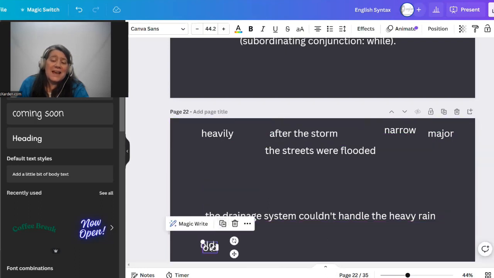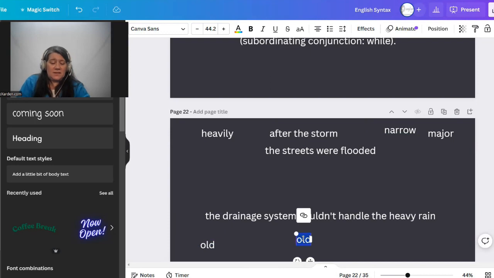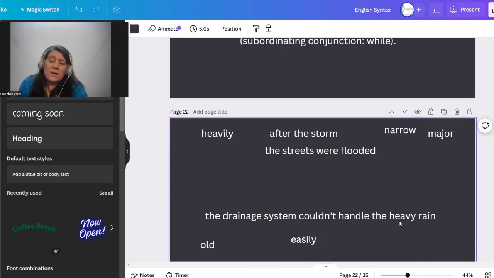You can easily handle things. Okay, and then we already have an adjective here, so we don't really need it. All right, so we have time phrases, and we have lots of adjectives. So let's see what we can do with this.